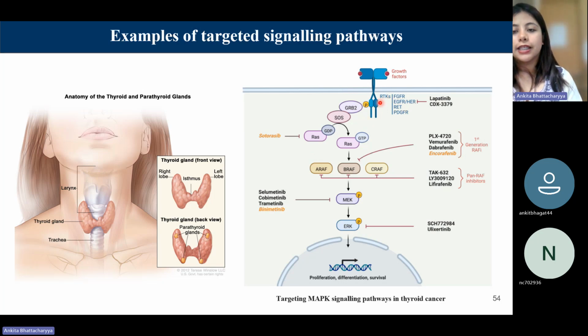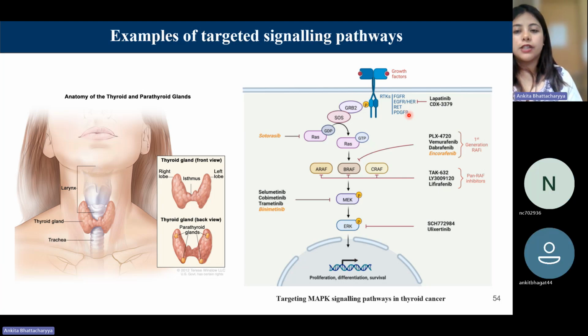And you can see that these RTKs have been shown in a more generic manner because these particular drugs, which are lapatinib and CDX3397, can probably inhibit any and all of them. So, you have FGFR, EGFR, RET, and PDGFR. It's found to suppress the signaling mediated by all of these RTKs.